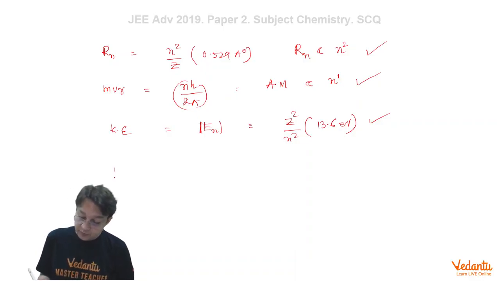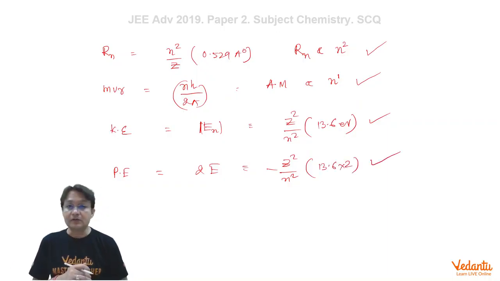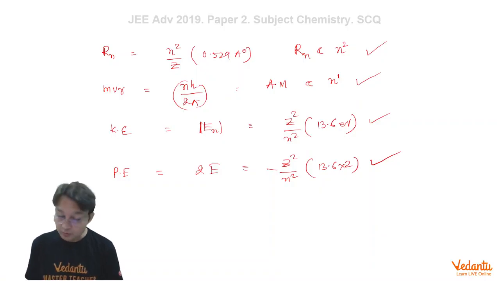Similarly, the potential energy is equal to 2 times the energy, so it is equal to Z square upon n square with negative sign into 13.6 into 2. If these facts are clear, then the problem is pretty simple and straightforward. Rn is proportional to n square, angular momentum is proportional to n raised to the power 1, kinetic energy is proportional to 1 upon n square, and potential energy is also proportional to 1 upon n square.